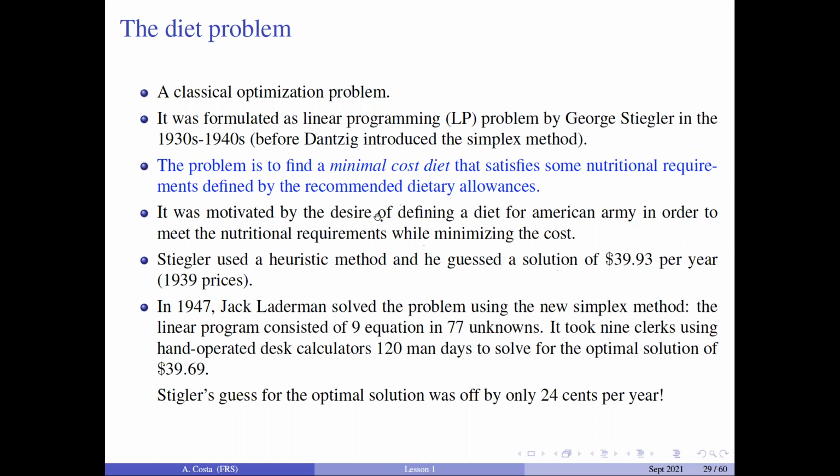This is motivated by the desire of the army to find blah, blah, blah. Many problems in operations research, we realize, started from problems from the army. So it's no surprise. And there was a solution, like we can go through this if you are interested. Someone found a solution with this cost, and then later when they showed the optimal solution, it was really close to that, only 24 cents more.